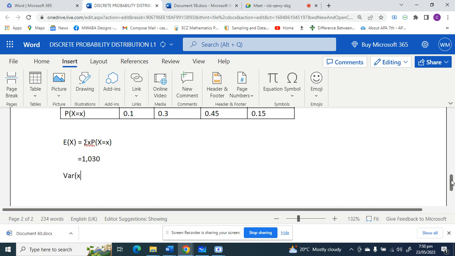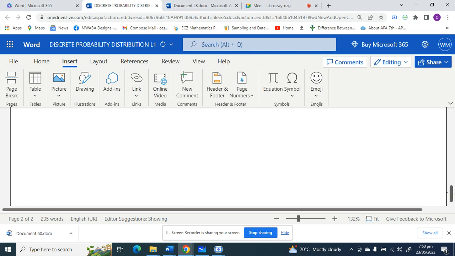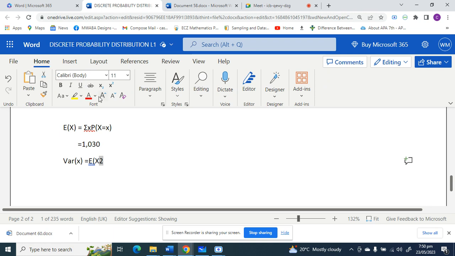Variance of X equals E(X squared) minus E(X) squared.